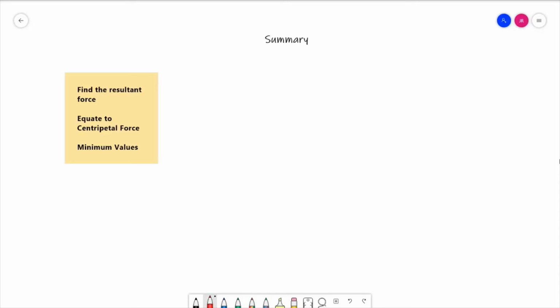In summary then, our approach to problems where we have more than one force is exactly the same as when we only had one force. Here though, the first thing we have to do is to find the resultant force acting on any object rotating in circular motion. Once we've calculated that, we can then equate it to centripetal force in order to calculate everything that we need about that motion in a circle.